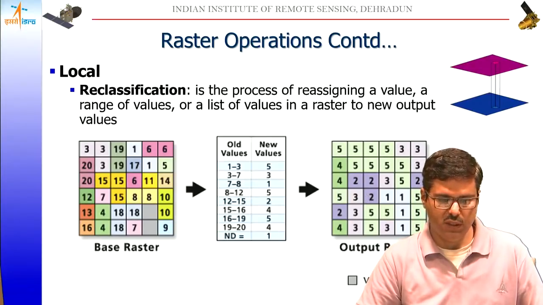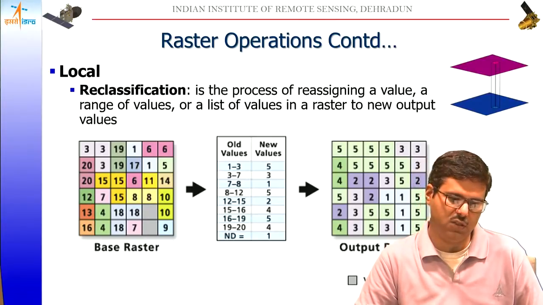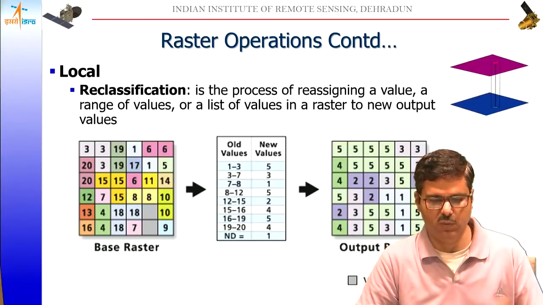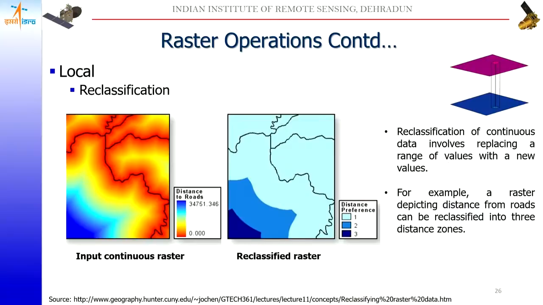So reclassification is again a very important step when you perform in a raster mode, and it's widely used, as I said, for simplicity, computing various suitability indexes and so on. Now one more difference that we need to make is between reclassification and the symbology that we define for a layer. The symbology is only for layer display purposes.